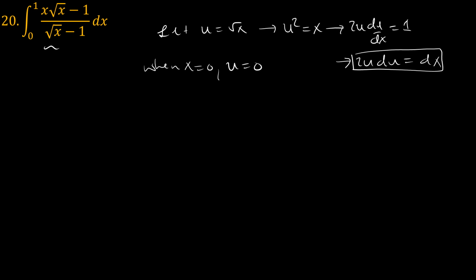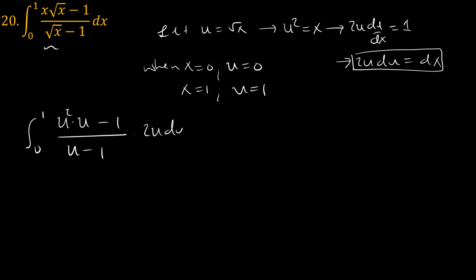When x equals 1, u is 1. So our problem still is from 0 to 1 of u squared times (u minus 1) over (u minus 1) times 2u du, which is 2u times (u cubed minus 1) over (u minus 1).